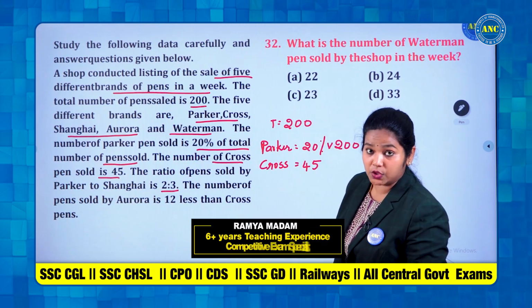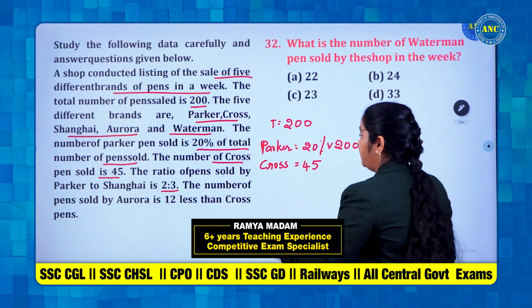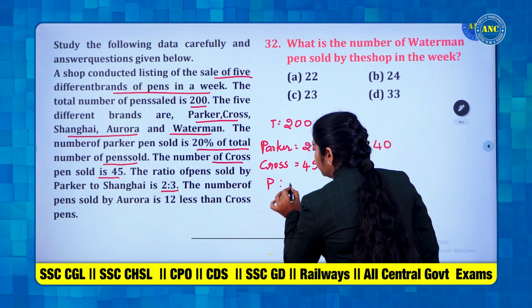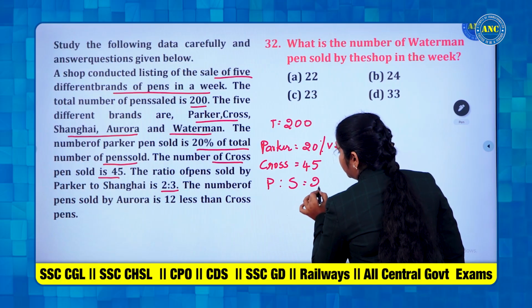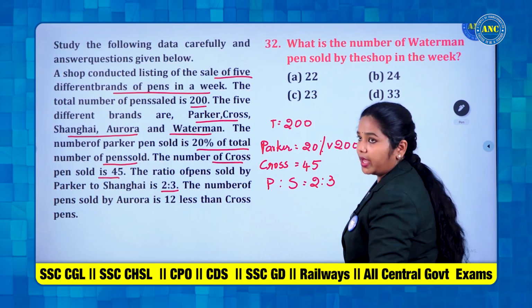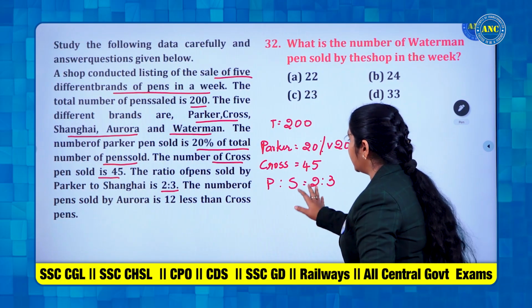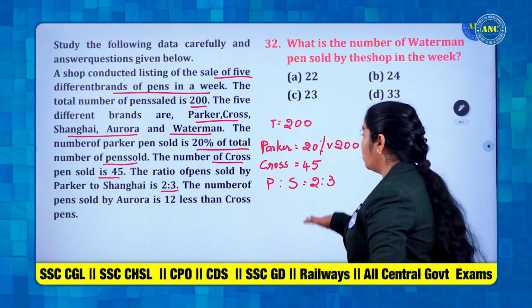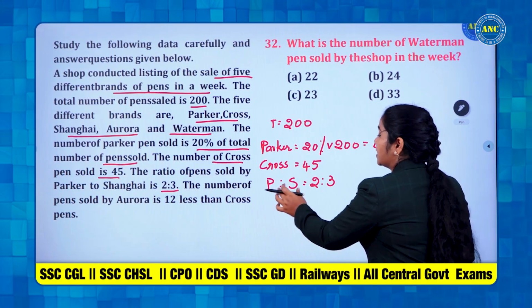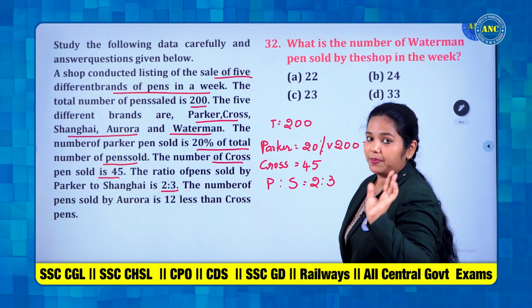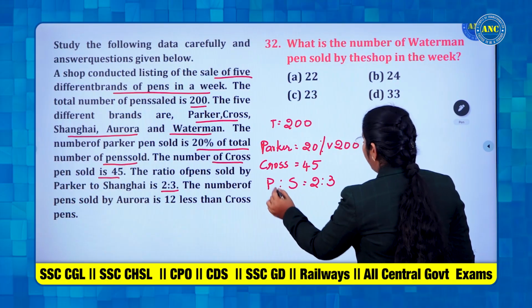The ratio of pens sold by Parker to Shanghai is 2:3. Okay. We don't know the value of Shanghai. And we have to find out Parker plus Shanghai together, how many pens are sold. We know the value of Parker.